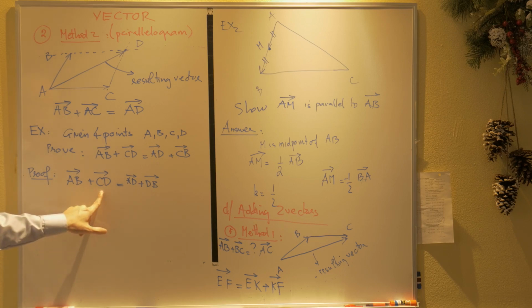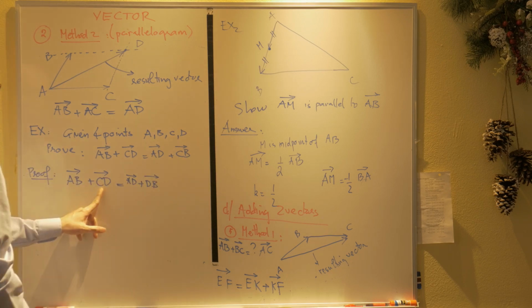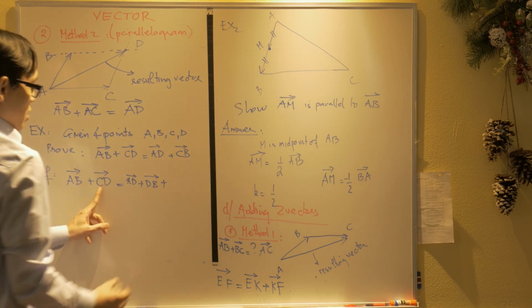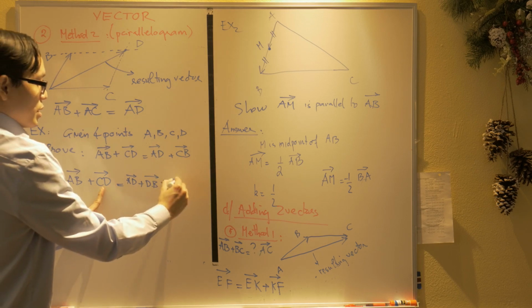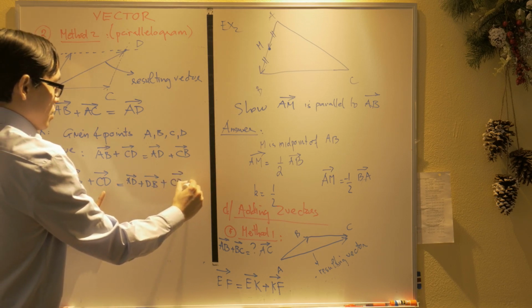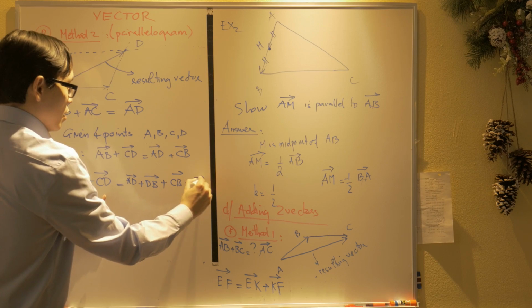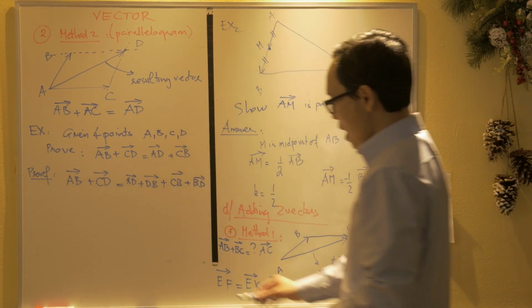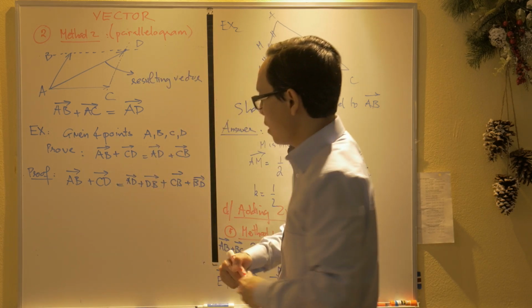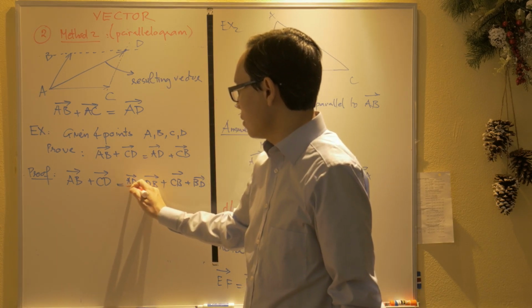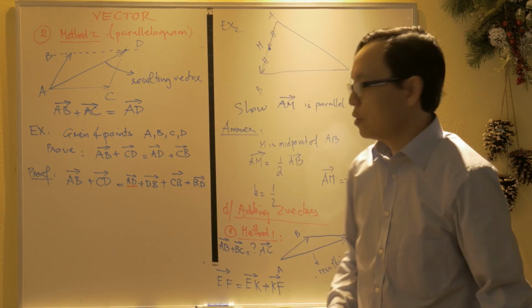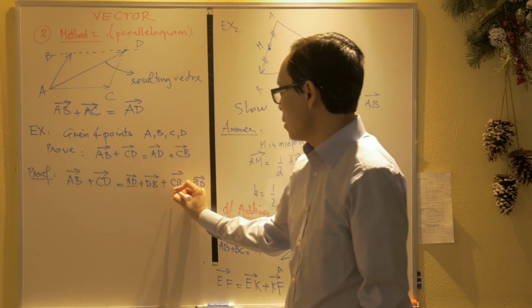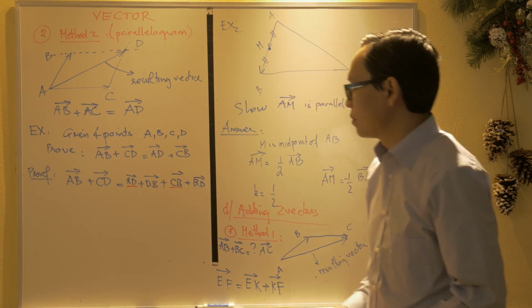Same thing over here, we want CB. So I insert the letter D in between so it becomes CB plus BD. So what we have now, we have AD, so we have a part of what we need to prove. We also have CB already, we have another part.